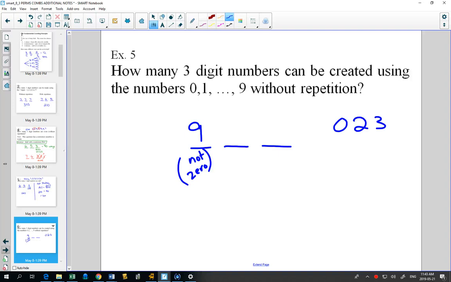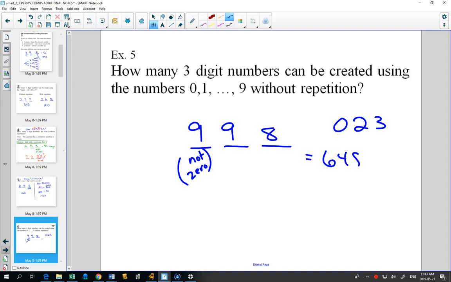Now, how many choices do you have for the second number? 9. Why is it 9 again? Because the 0 gets put back in, but one of the numbers is gone. And now 2 numbers are gone. We have 8.